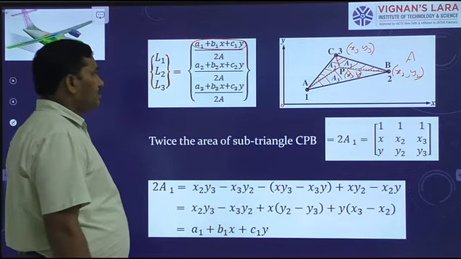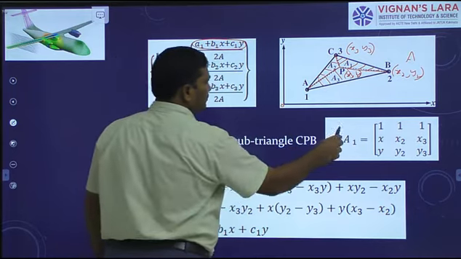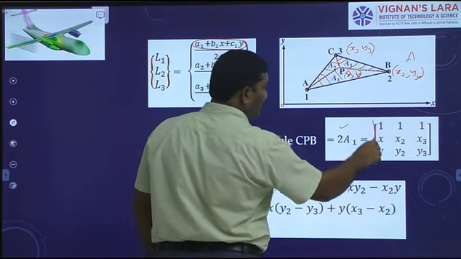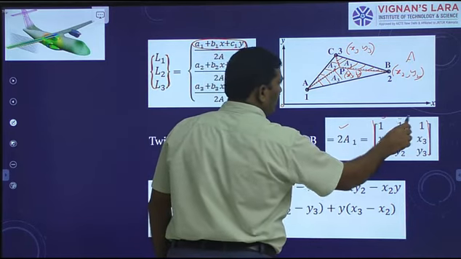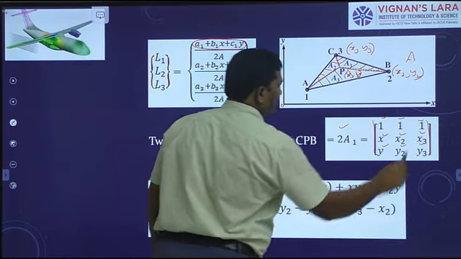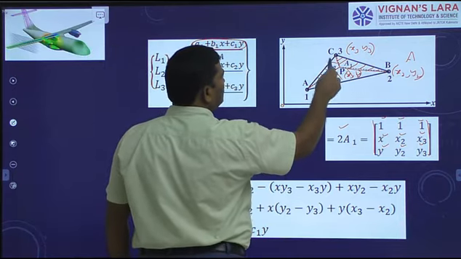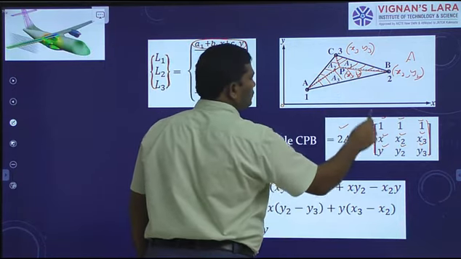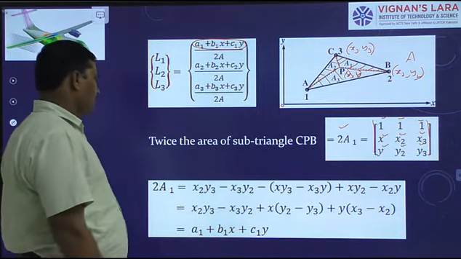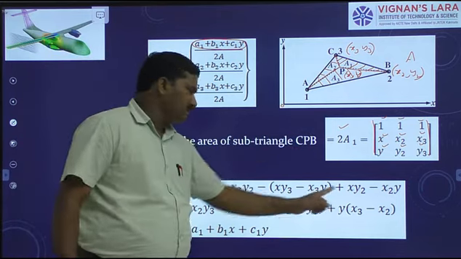Now twice the area of this triangle, that is 2A1, equals the determinant of 1, 1, 1, x, x2, x3, y, y2, y3. If you evaluate this determinant, you get this.